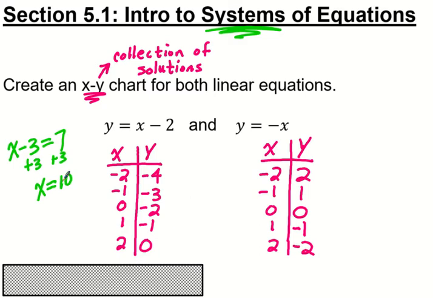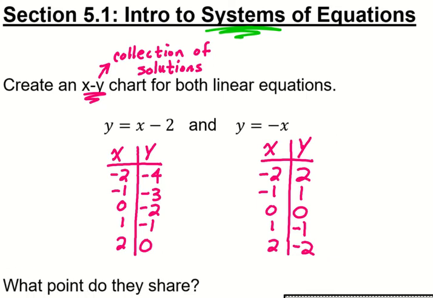So just take one number, and there's only one solution to this guy. But for these linear equations, it takes a pair.